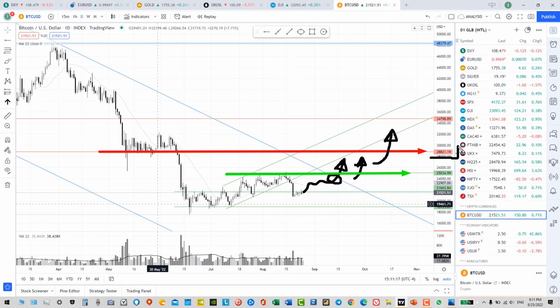Take care, this area will be considered a very volatile area with a very high risk. Just keep that in mind.